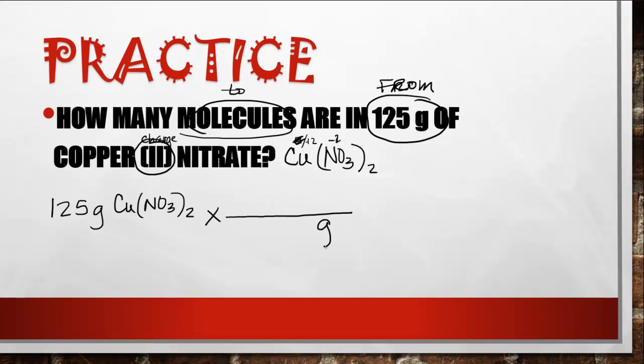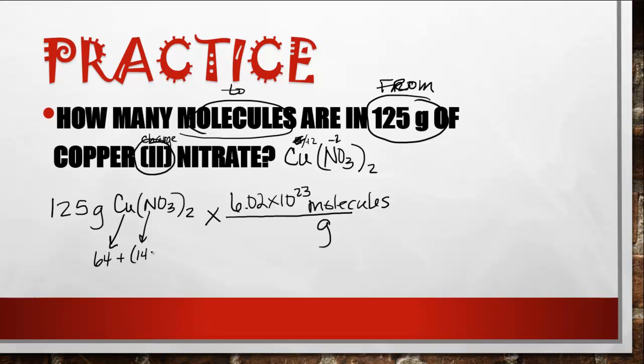Now we can times our line. This will allow us to get our grams on bottom. We're changing to molecules on top. In front of molecules is always our constant, 6.02 times 10 to the 23rd. Grams, we need to, again, look it up and add it up. So copper is 64. We're going to add that to nitrogen, which is 14.